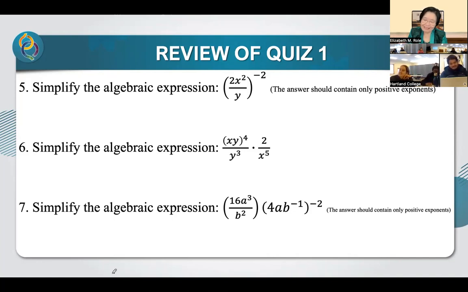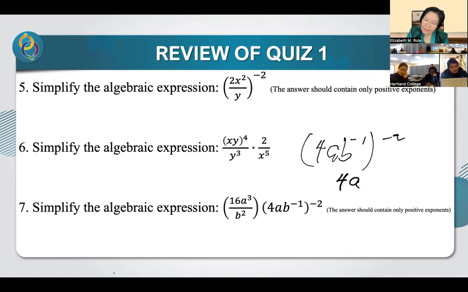But take note that that negative 2 is the power of all of the elements in that 4ab to the negative 1. So that was the confusion. So when you change 4ab to the negative 1, negative 2, for many of you, you did this, 4ab squared. Forgetting that the negative 2 is also a power of 4 and also a power of a.